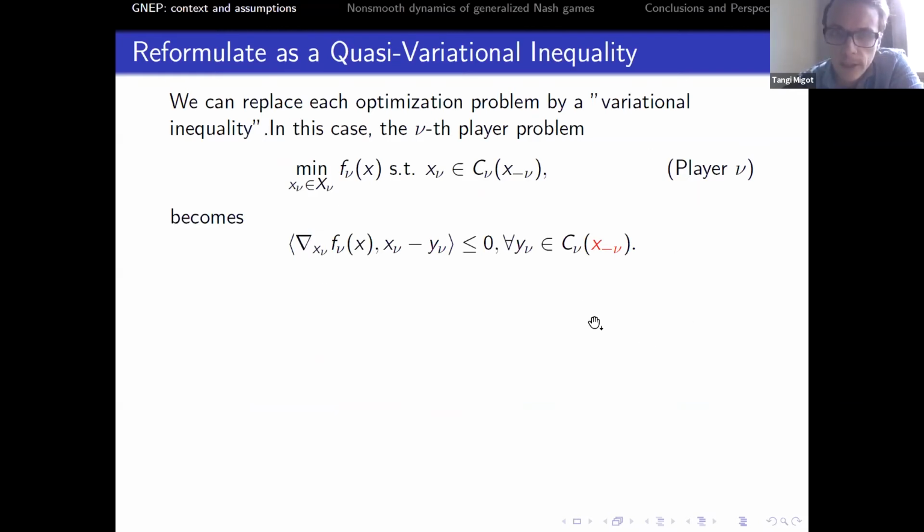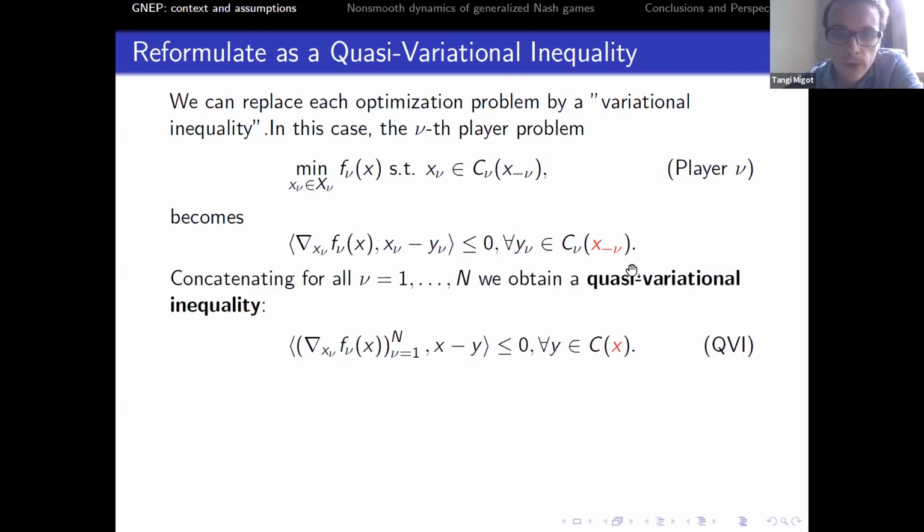So you get for each problem a variational inequality, which we call quasi, because you see that the C nu set depends on the strategy as well. And if I'm concatenating all these inequalities for the n players, I get what we call the quasi-variational inequality. Okay. So this is equivalent to finding the GNEP, that's a bit old reformulation, I believe.